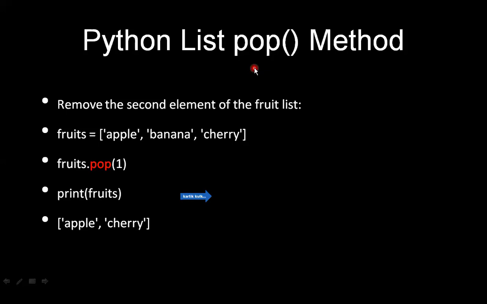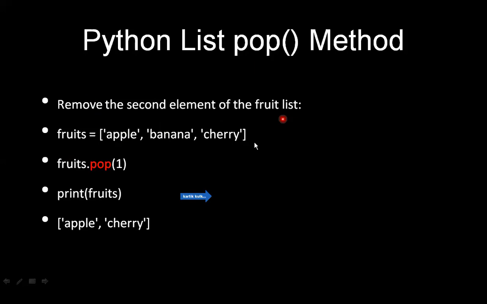Push and pop are the two important operations performed on a stack. The general meaning of pop is to remove. Pop means to remove. So here pop means we are going to remove a particular element from the given list.